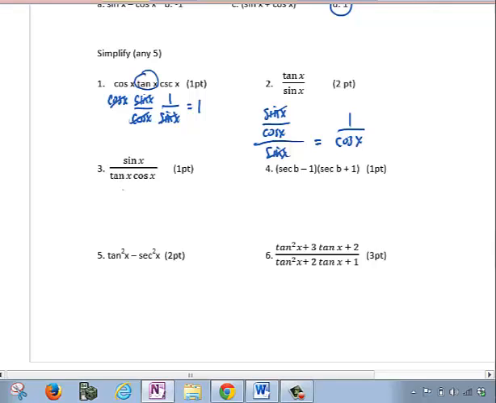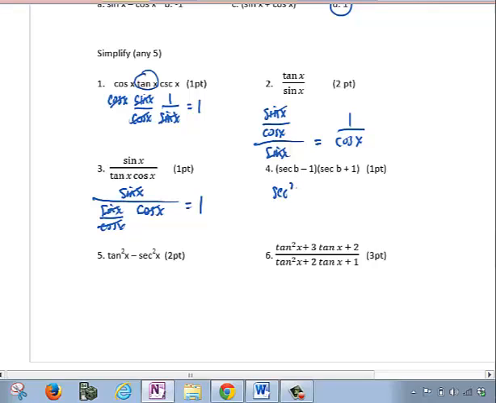Next one, we have sine of x over sine of x over cosine of x times cosine of x. They cancel, and they cancel because they're in the numerator each, and that just equals 1. This one is pretty easy.